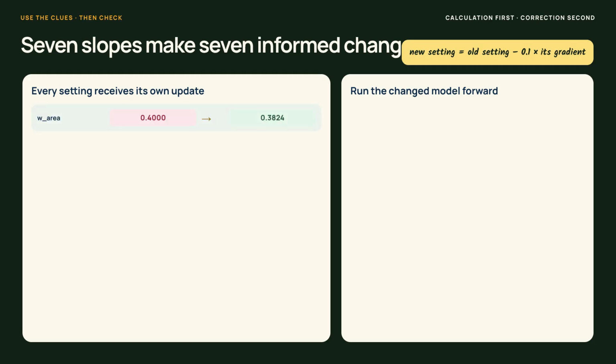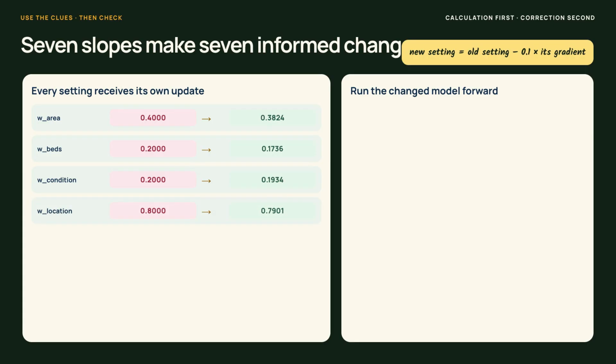The floor area weight changes from 0.4 to 0.3824. Bedrooms changes from 0.2 to 0.1736. Condition changes from 0.2 to 0.1934.